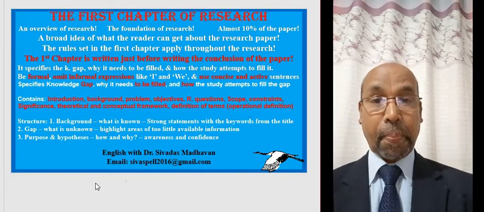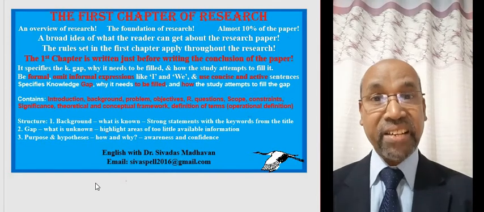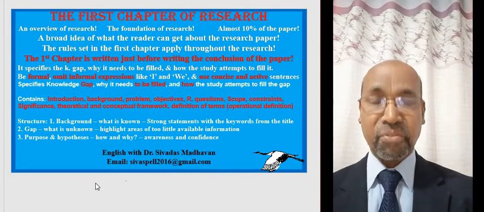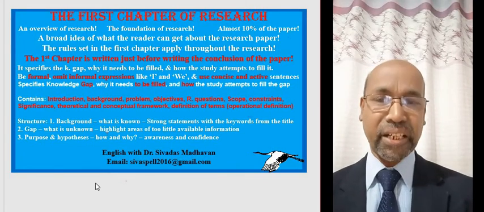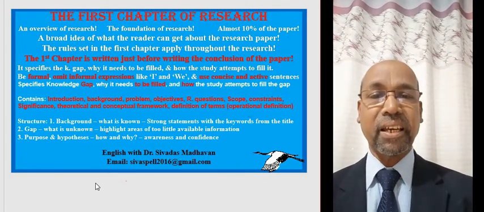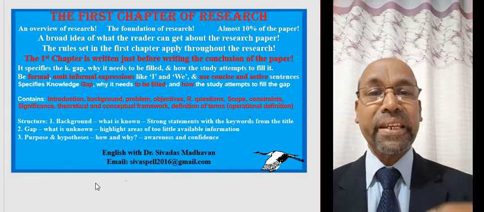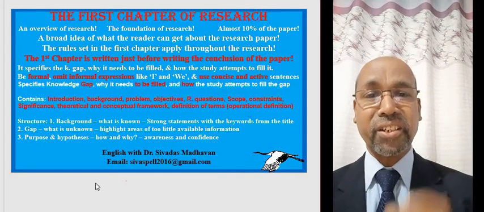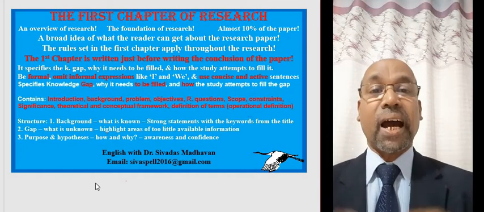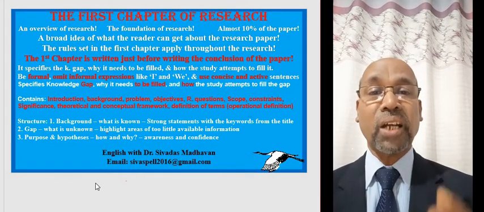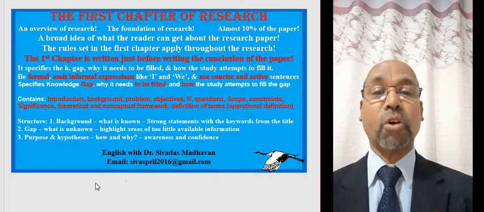And when you come to the different sections of the first chapter, the first thing is introduction, the second is the background of the study. The background of the study is a mini form of review of literature. That means what is known about the topic, what other scholars have said about the topic.